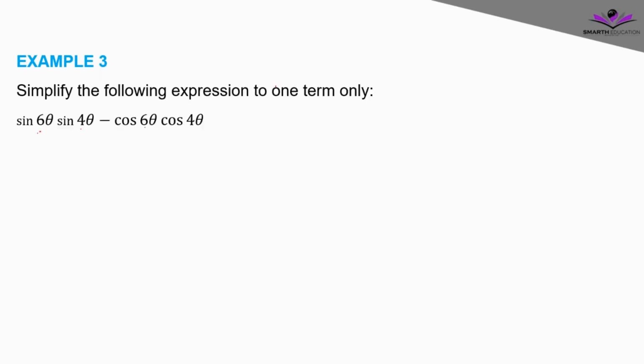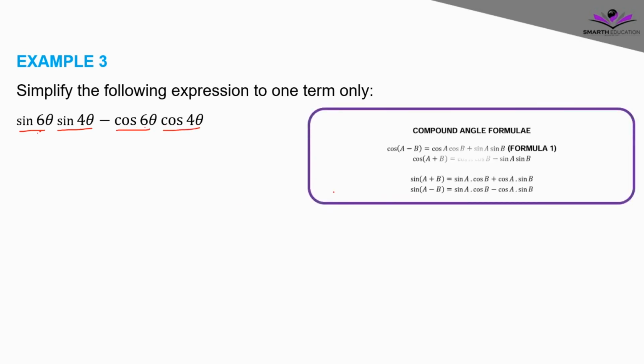Simplify the following expression to one term only. We have sin 6θ sin 4θ minus cos 6θ cos 4θ. So which formula can we use here? We can use this one, but we have to rearrange this.